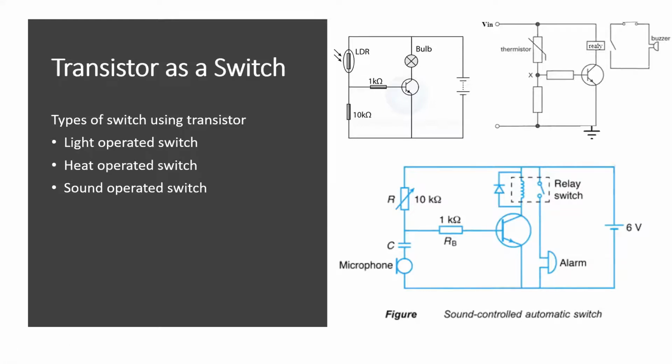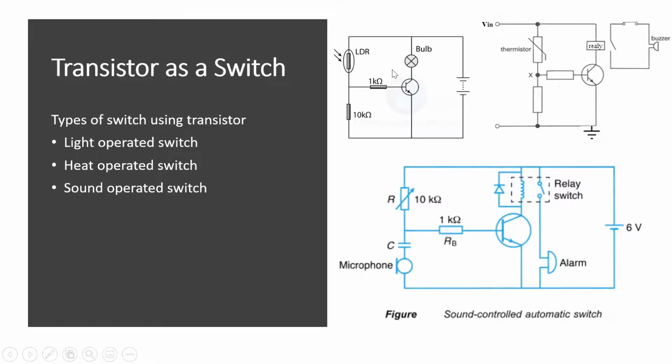So when some cell or battery is connected and light falls, this will allow current to flow and the bulb will glow. Now, if there is no light falling on LDR, it will not allow current to flow through. Its resistance is very high. So if there is no light, current will not flow through this circuit. Instead, current will flow like this. So the bulb will not glow.